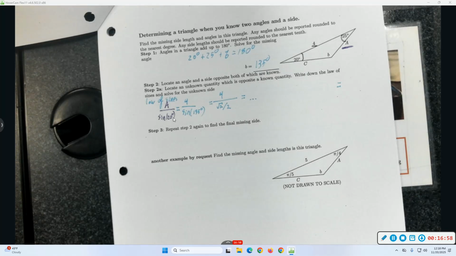Once you have that fully simplified, let me know. Maybe more than that. Once you have it fully simplified, compare with someone around you.